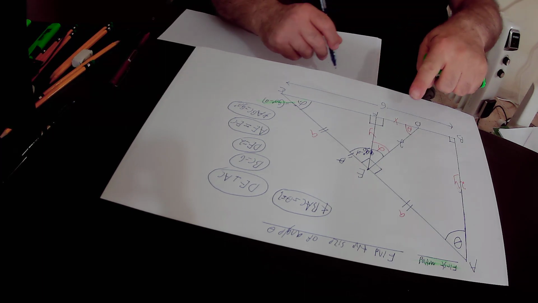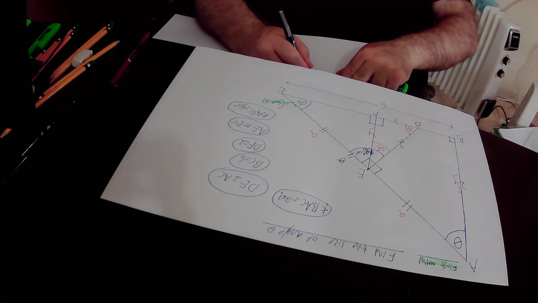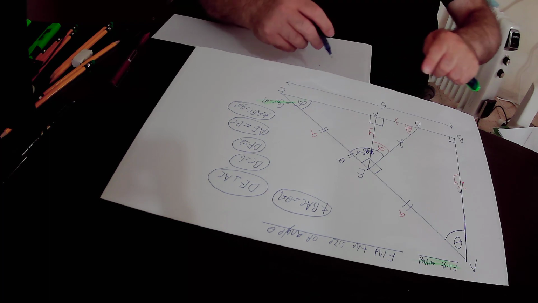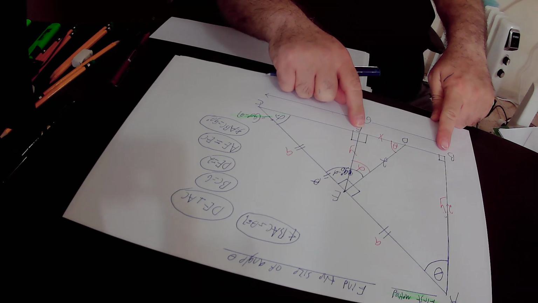We will prove that the right triangle EFD is similar to the right triangle ABC. Why are they similar to each other? First of all, both those two angles are right angles, that's to say they are equal to each other.